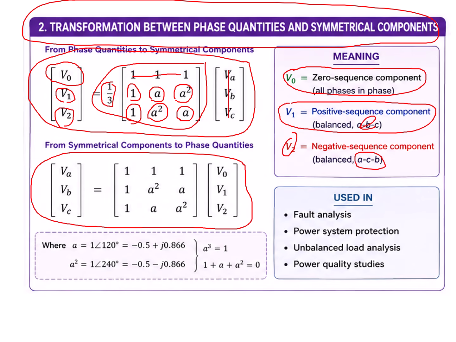Phase A is the summation of the zero sequence, positive sequence, and negative sequence. Phase B will be the zero sequence plus a² times V1 plus a times V2, and so on. The meaning of this a is a 120-degree phase shift. And if we want to write this in rectangular form, it has this representation.